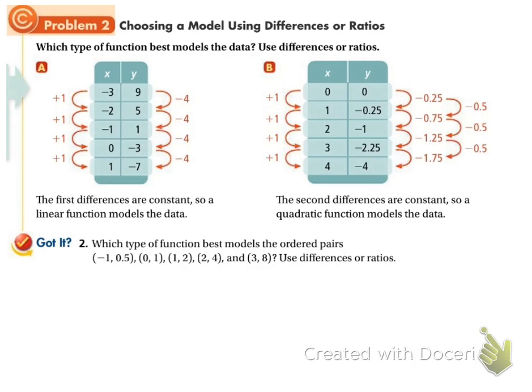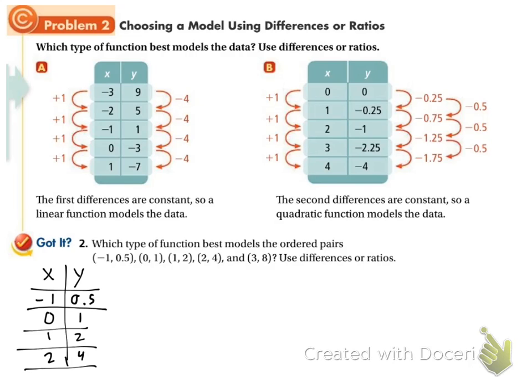So let's try a table. So we're given points, and I'm going to stick that into a table, okay? So x and y. -1 and 0.5, 0 and 1, 1 and 2, 2 and 4, 3 and 8.